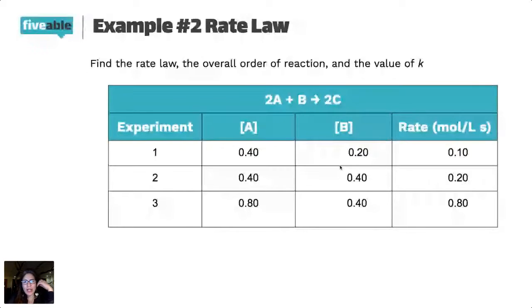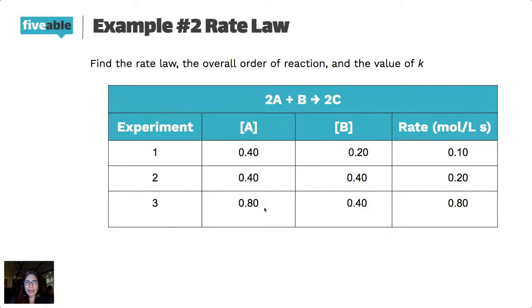Then we need to check two experiments where now the concentration of A changes and B is maintained constant. So if we observe experiments 2 and 3, here B is constant and A doubles. So this one doubles, but the rate quadruples. So what would be the order, the rate for A?